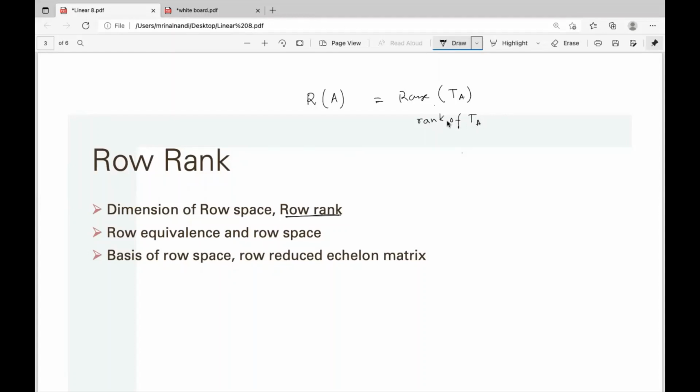There is a nullity and there is a rank. Nullity is the dimension of the kernel space, and rank is the dimension of the range space. Now this is the dimension of the row space, which is by definition the row rank.